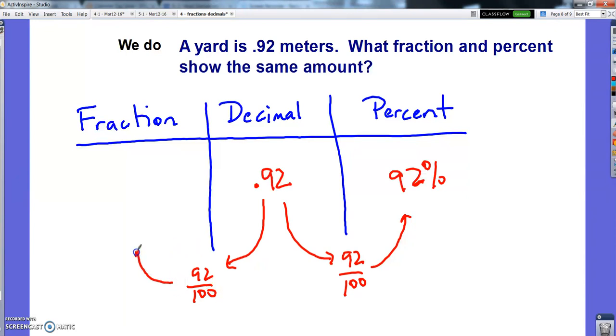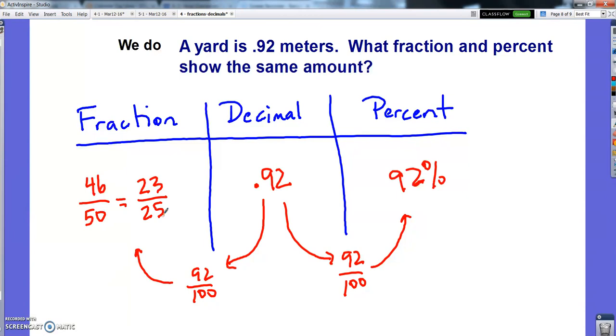And if I were to simplify that, let's divide both by 2. That would give me 46 out of every 50. Can divide those both by 2 again. Get 23 out of 25. 23 25ths of a meter is a yard.